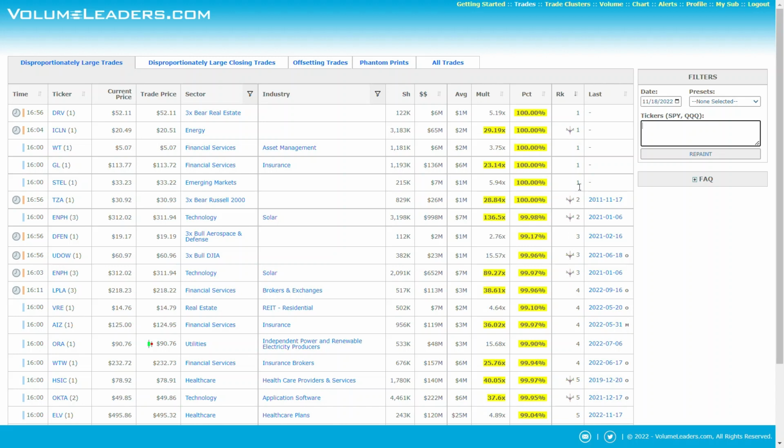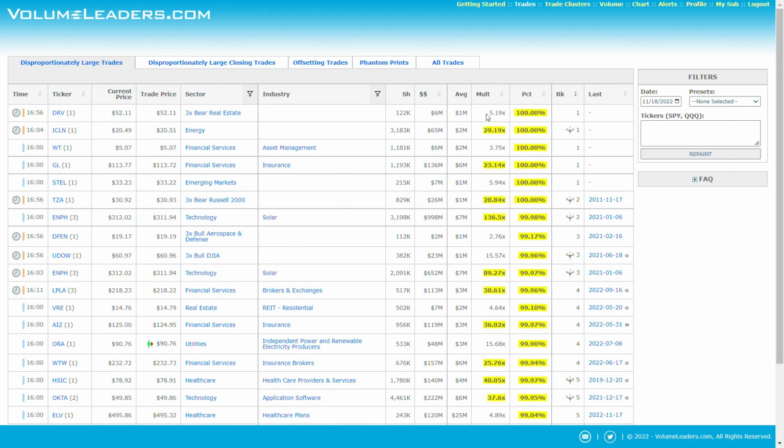Sometimes the largest ranked trade isn't necessarily that large relative to its average size. You can see here that DRV, which is the 3X Bear Real Estate ETF, has its largest trade in its entire data set, in the 100th percentile, at only 5 times larger than normal.